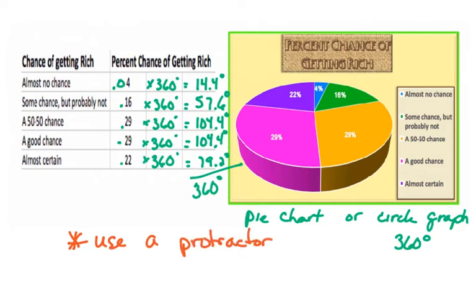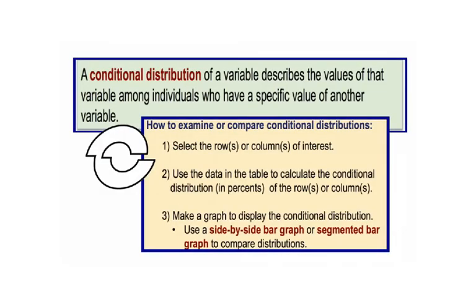All right, a couple more slides to go. All right, now we switch from marginal distribution, which is divided by the total number of the entire table or everyone who took the survey, to conditional distribution. A conditional distribution of a variable describes the values of that variable among individuals who have a specific value of another variable.